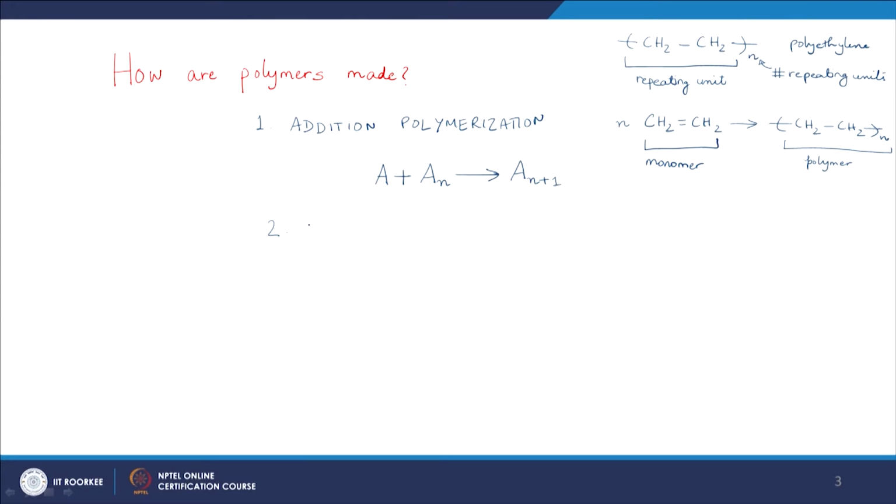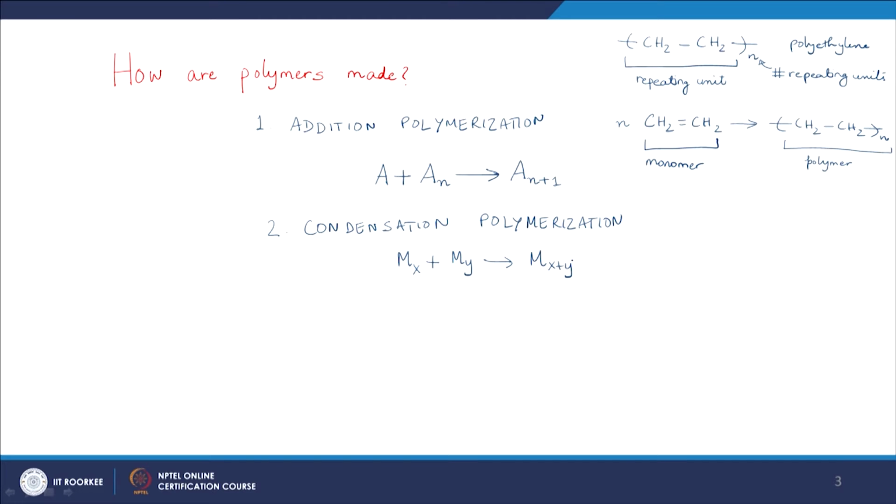And then we have something called condensation polymerization, where we have small polymer chains which combine or condense together and form a larger chain.